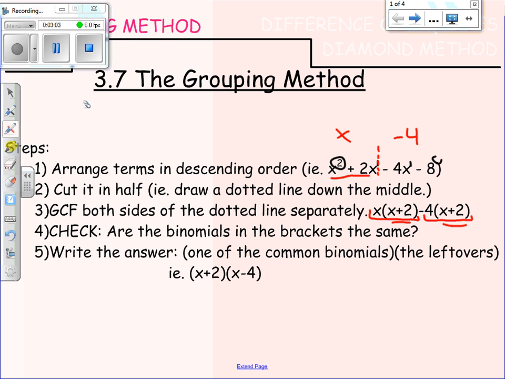Meaning we can factor out an x plus 2 away from our x and away from our -4. That gives you a final result of right there. You factored out an x plus 2, and you were left with x and -4. That's where the x minus 4 came from. That's all we're going to do.